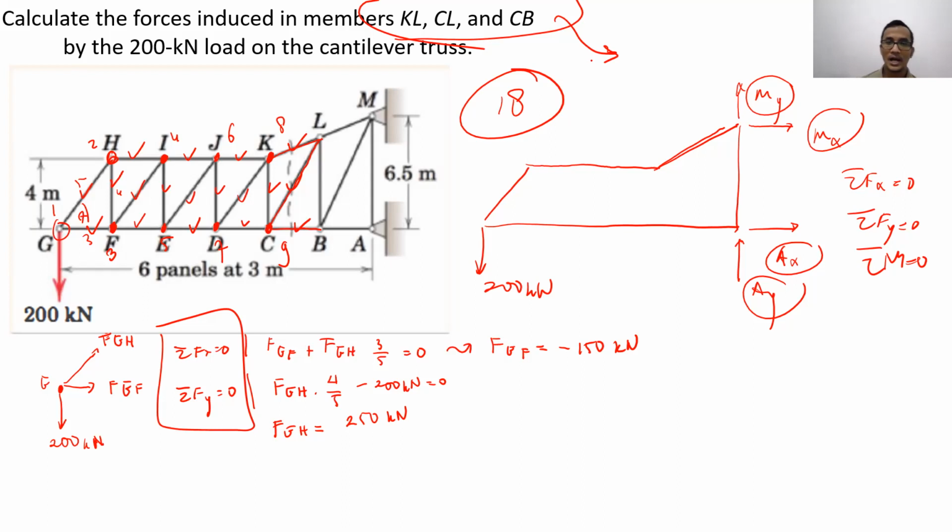We don't have to solve for that because the ones asked are only KL, CL, and CB. So how can we solve KL, CL, and CB without solving 18 equations? That's the question.